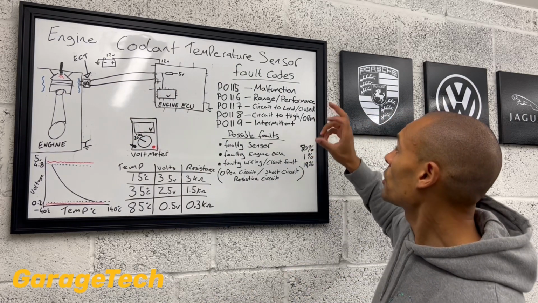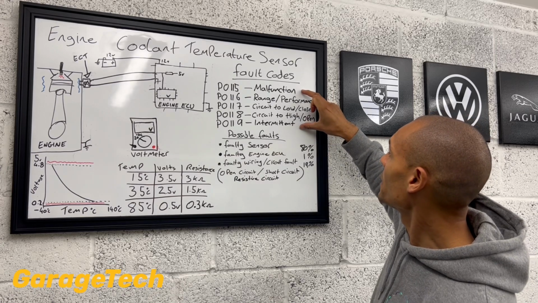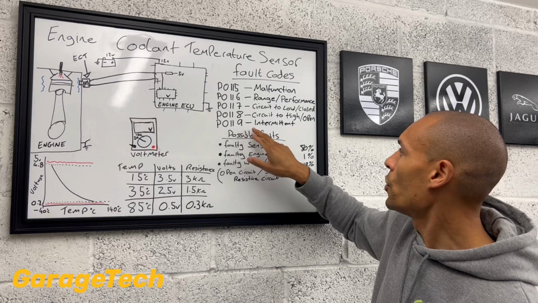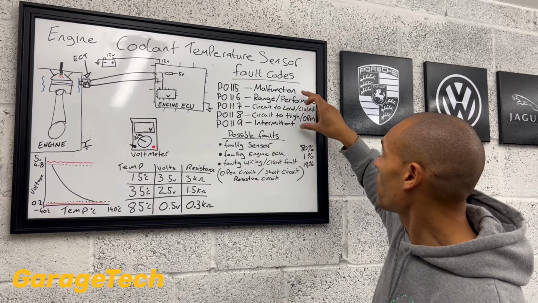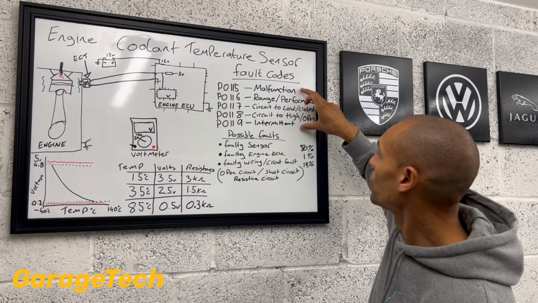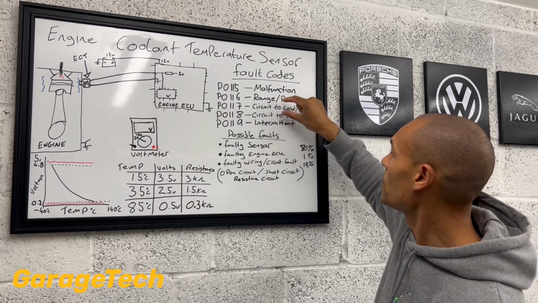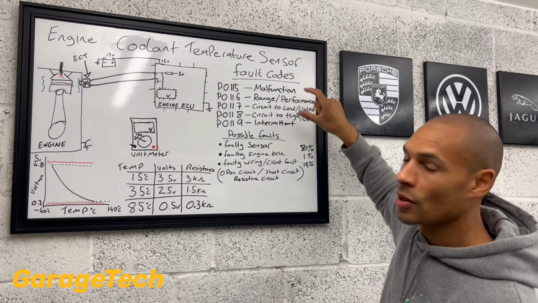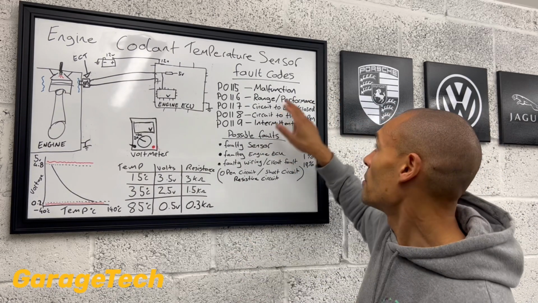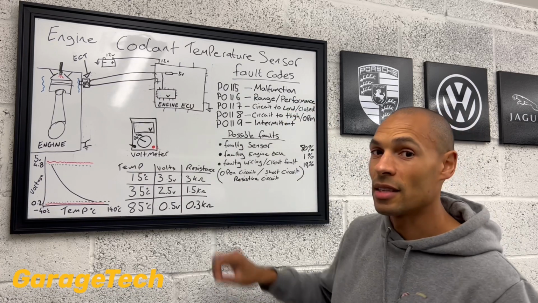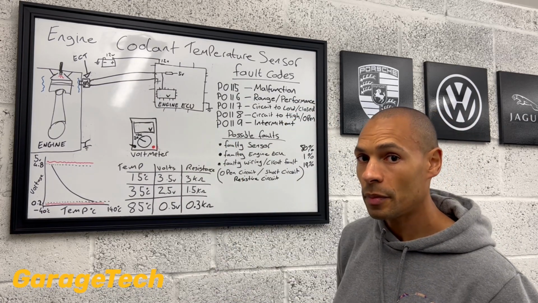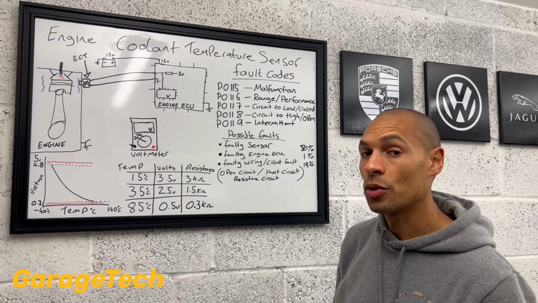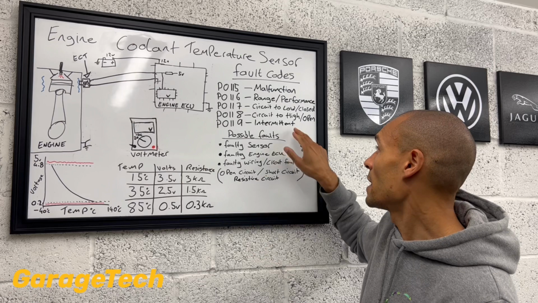So the first two I'm going to cover off are malfunction and intermittent, so that's the P0115 and P0119. The chances are, if you've got either one of those two fault codes, you may have one of these three in the middle at the same time. The malfunction one pretty much tells you it's detected a fault on the system, or it's gone outside the parameters which it's expecting, whether that's for a quick short period of time, hence the reason why you may get the intermittent one.